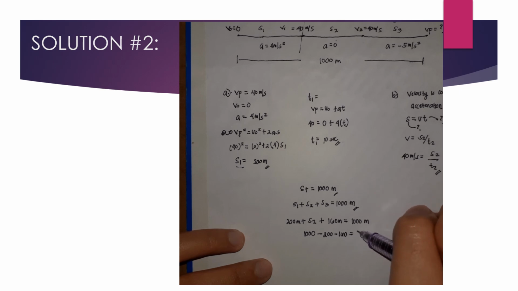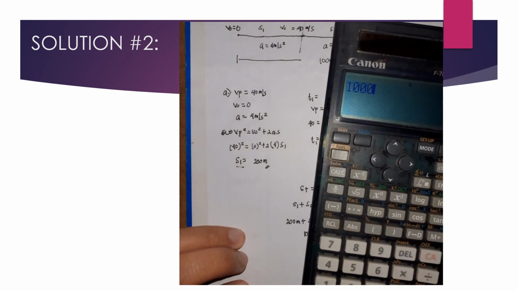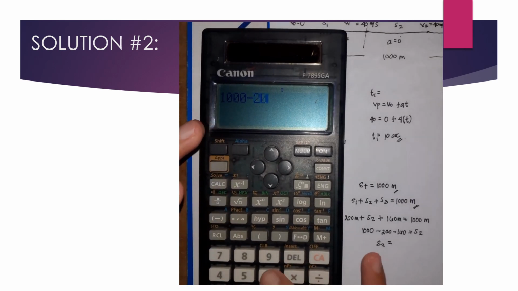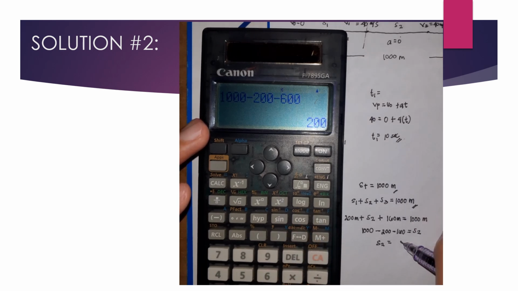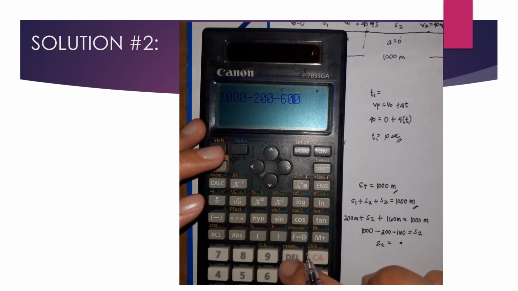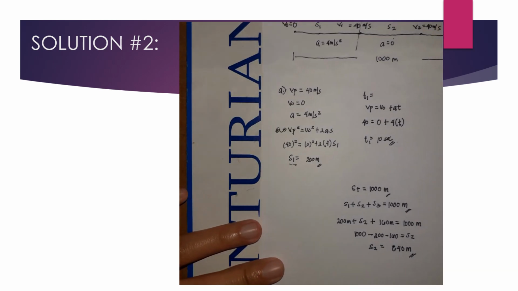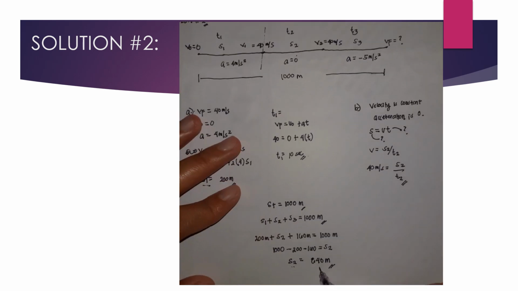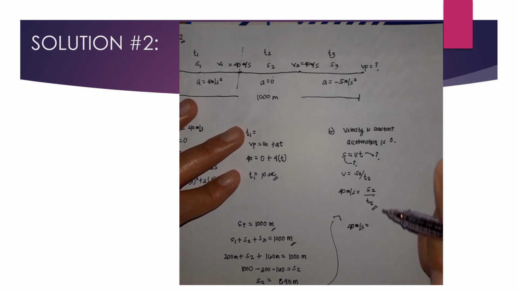So solving for S2, we have 1,000 minus 200 minus 160. Our S2 is equal to 640 meters, and that is our answer to letter B.